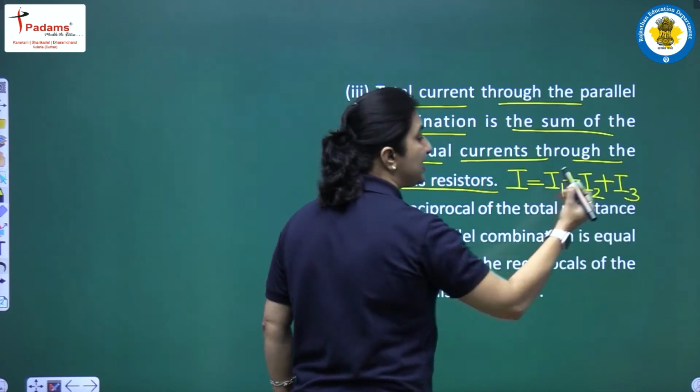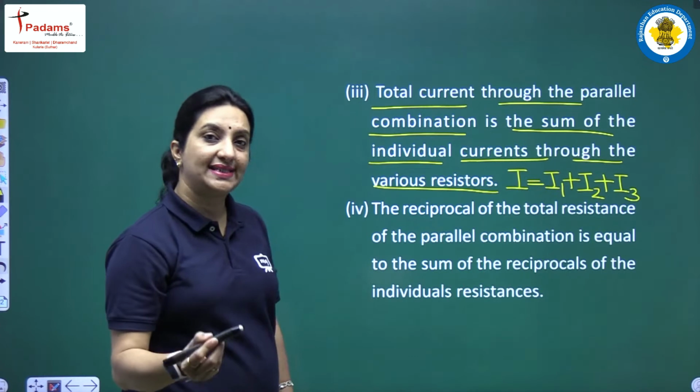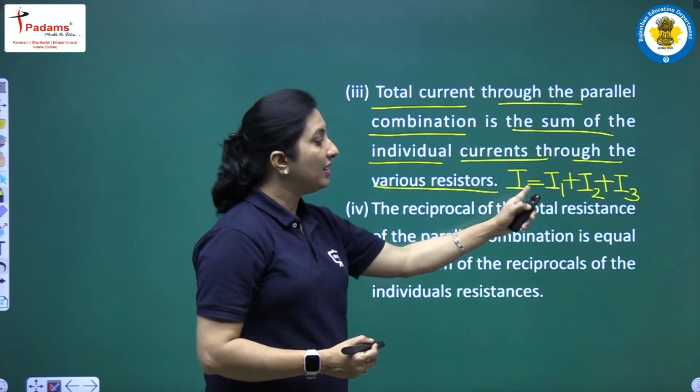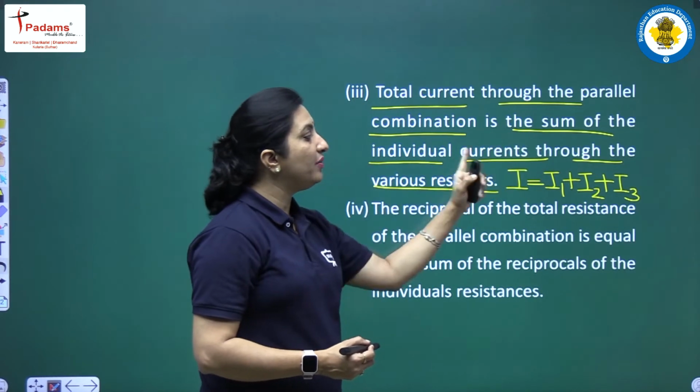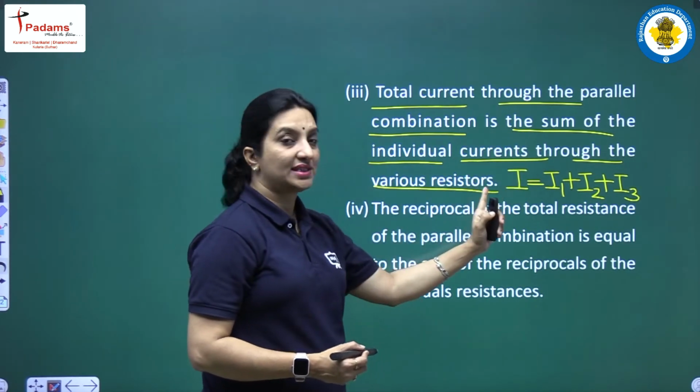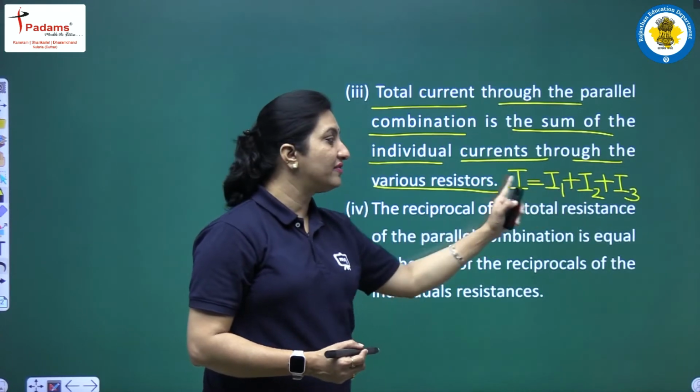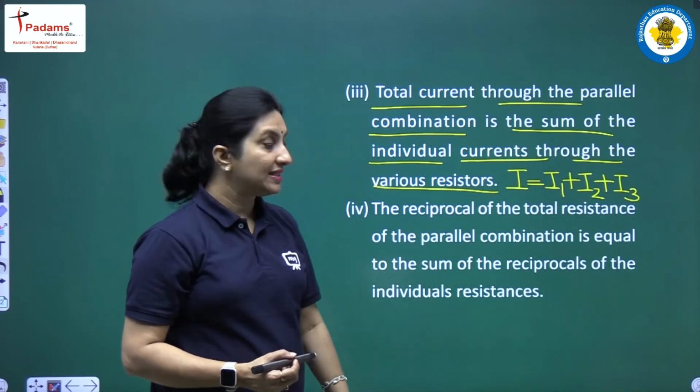Here students, we are taking three resistors for example only. So the total current through the parallel combination I is the sum of the individual currents through the various resistors I1, I2 and I3. When added, it gives us the total current through the circuit.